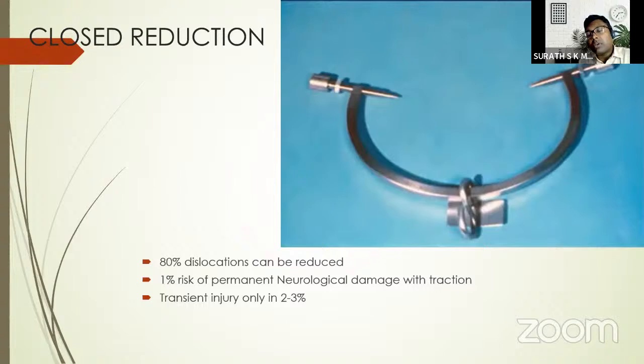There won't be much difference between going for a closed reduction or going straight to open reduction after optimizing the patient. So in my practice, we get most of these patients at night, so we do the open surgical reduction early the next morning. The surgery is done within 24 hours.